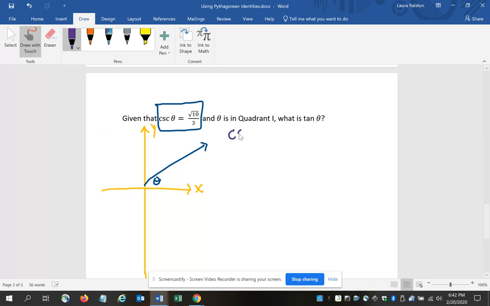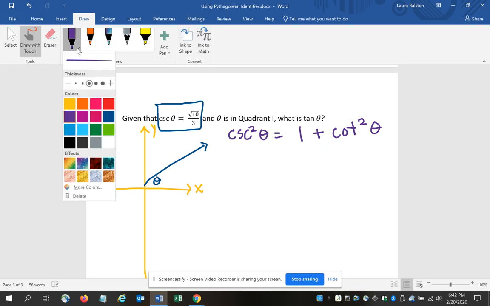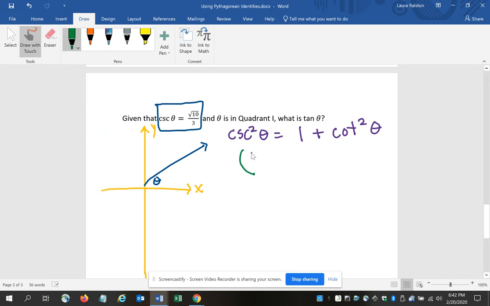We have cosecant squared theta is 1 plus cotangent squared theta. Then I'm going to substitute what I know into that particular equation. So cosecant is square root 10 over 3 squared equals 1 plus cotangent squared theta.